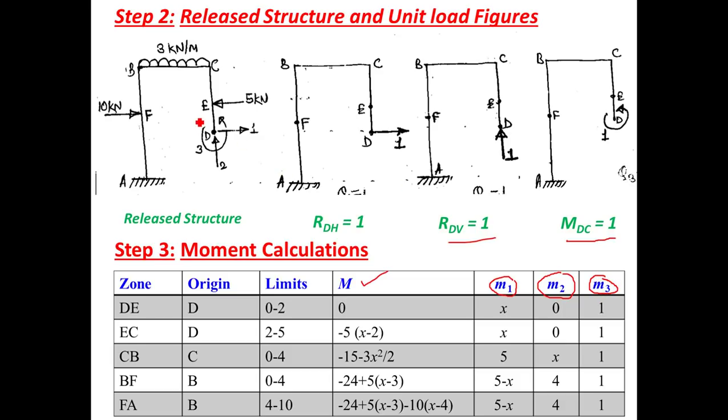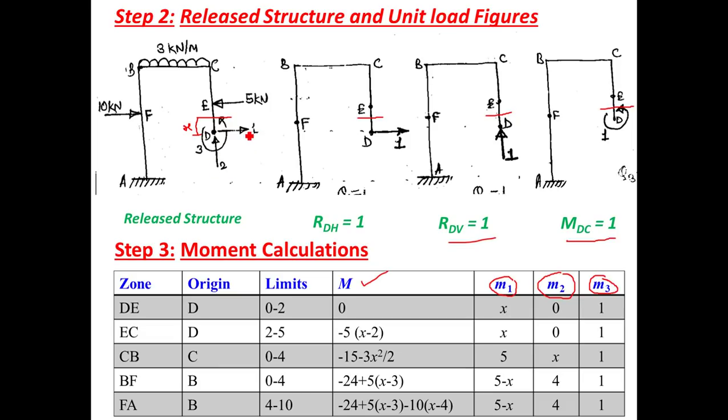Okay, so first, we take a section in the first zone in all 4 figures. Now we are taking the section in the first zone, for which the origin is D. So from D the distance is X. And we have to observe the lower portion. Don't get confused with these 1, 2, 3.